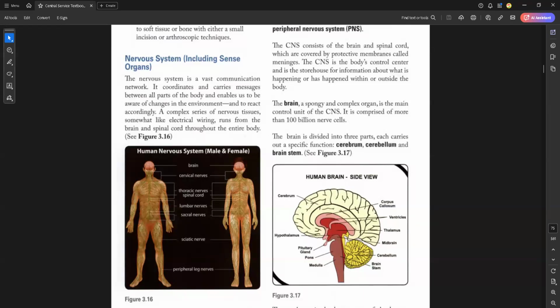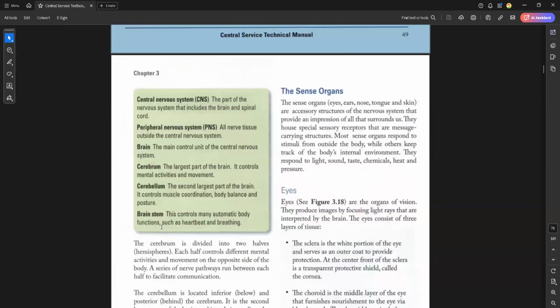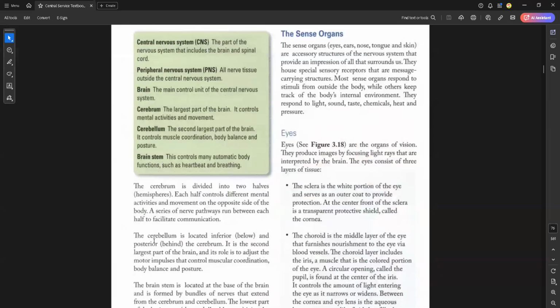All right. So the cerebrum is divided into two halves, as you can see. It's just trying to describe the brain. Each half controls different mental activities and movement on the opposite side of the body, through a series of nerve pathways. The cerebellum is located inferior, that's below, and posterior, that's behind the cerebrum.